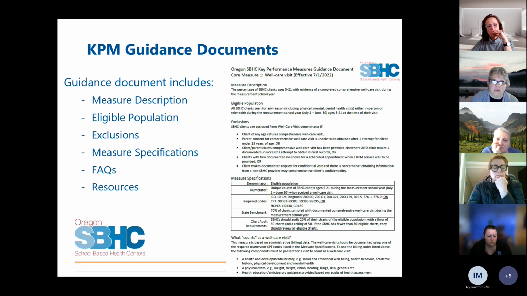And I'll have a tiny bit of time to get into that, but we've done a pretty good job with the guidance documents of being really clear, providing CPT and diagnosis codes where appropriate for the different services associated with the KPMs. We've got exclusion criteria in there. And then, like I said, there are diagnosis and procedure codes, and some of them have some FAQs, and we have provided some resources. So each guidance document has all of that information.